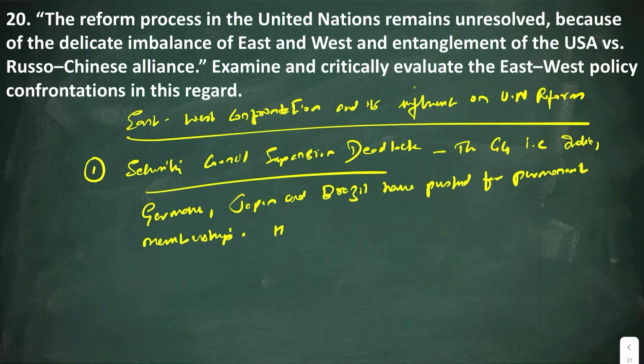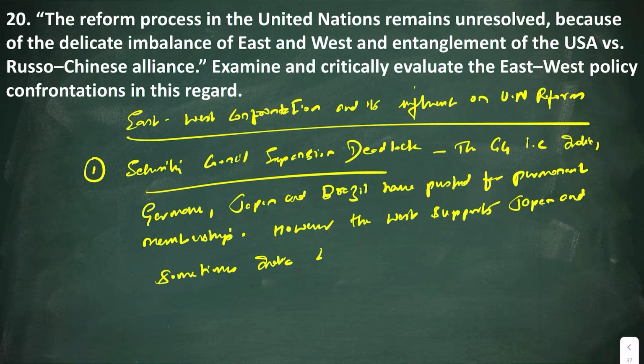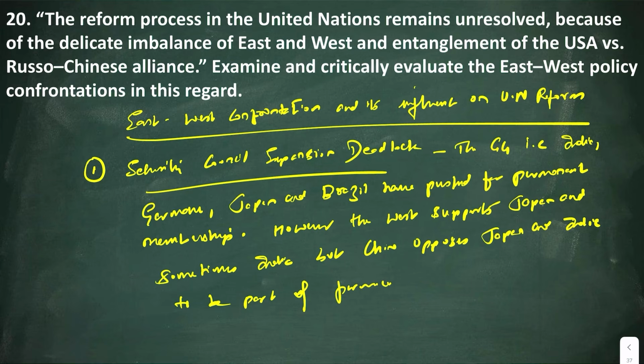However, the West supports Japan and sometimes India, but China opposes Japan and India to be part of permanent members of UNSC. Okay, so this is the first point.